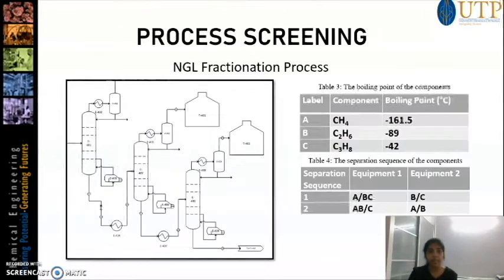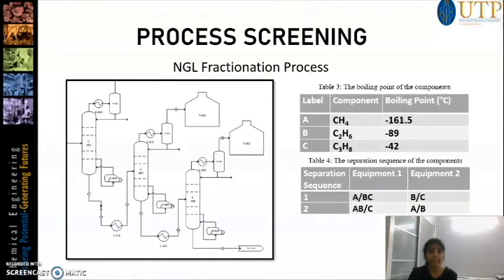Moving on to the process screening, two different sequences have been proposed for the NGL fractionation. The objective of this process is to reclaim the individual fractions of the natural gas liquid using individual distillation columns.